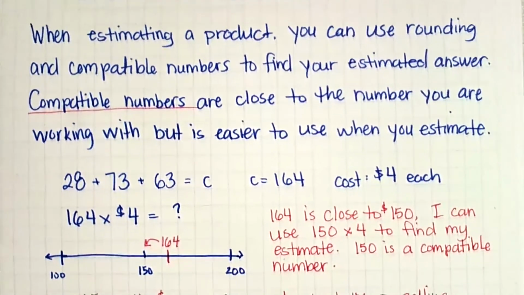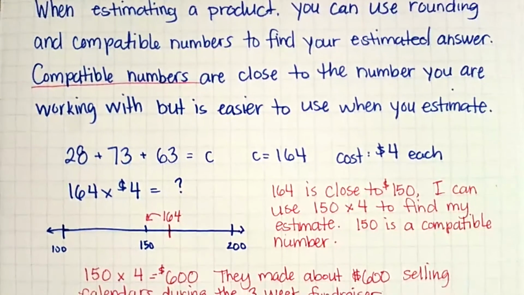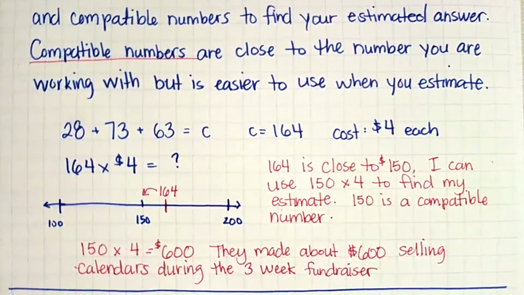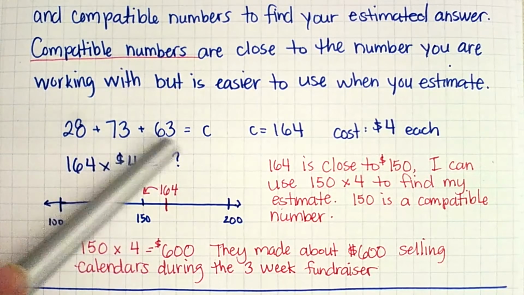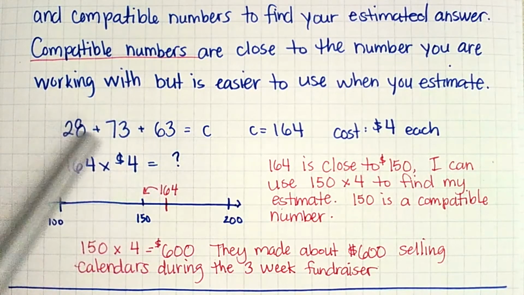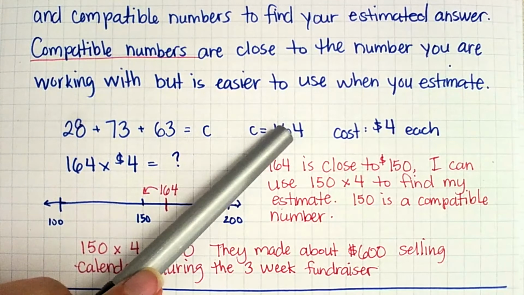So I'm going to pull the example that they were working on for selling the calendars. So all 3 weeks, this is how many they sold each week, equaled the number of calendars. So when we added these numbers together, we got 164.